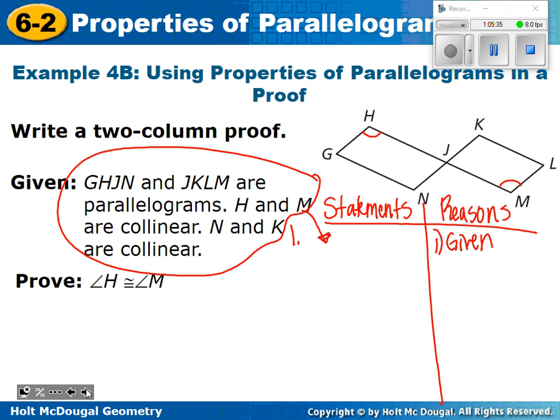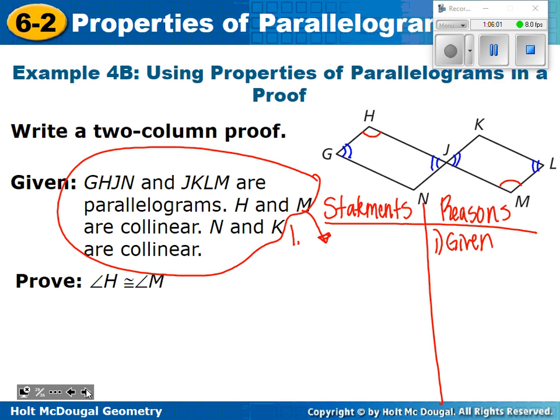So the easier way is to say, if we know these are parallelograms, then angle G should be congruent to which angle? Angle J. And angle L should be congruent to which angle? Angle J. Right? And we know that these two angle J's are going to be congruent to each other, right?